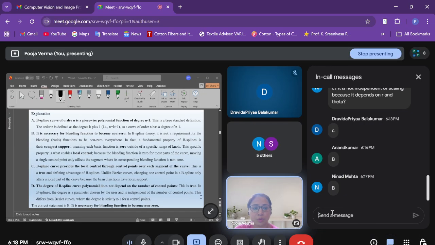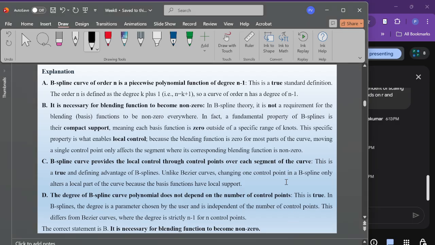So now the next option is option B. It is necessary for the blending function to be non-zero. In B-spline theory, it is not a requirement for the blending function, that is the basis function, to be non-zero everywhere. In fact, a fundamental property of B-splines is their compact support, meaning each basis function is zero outside of a specific range of knots.